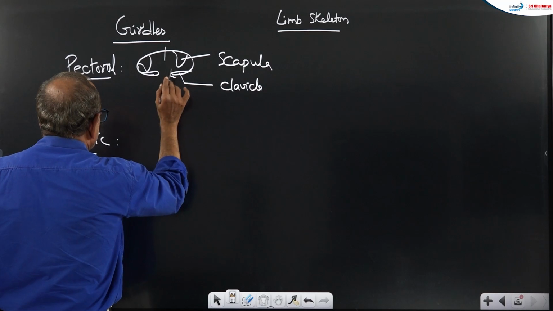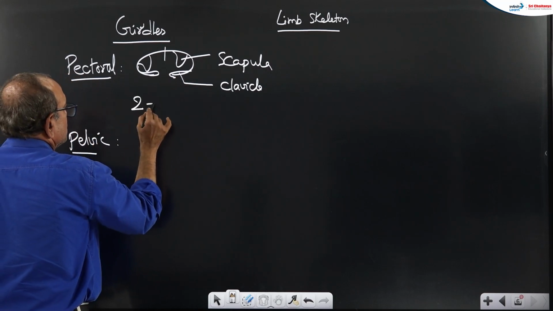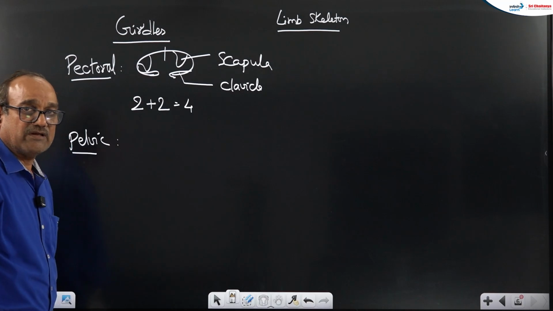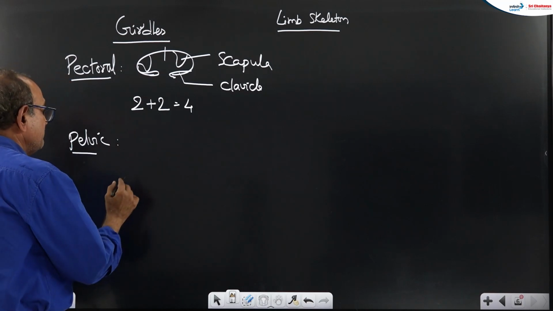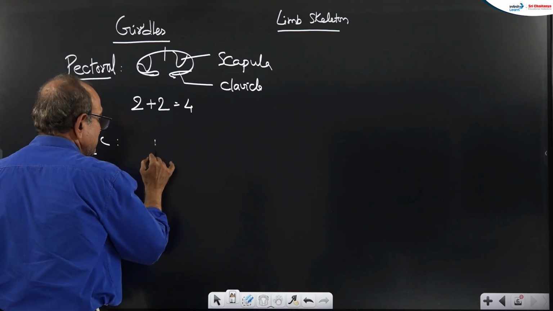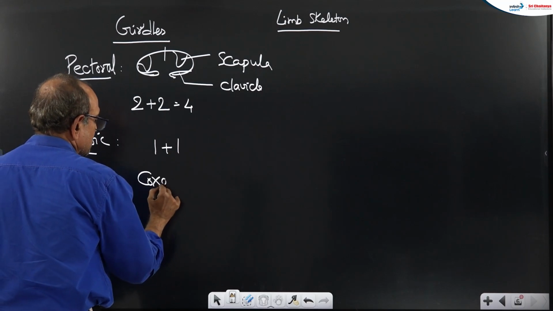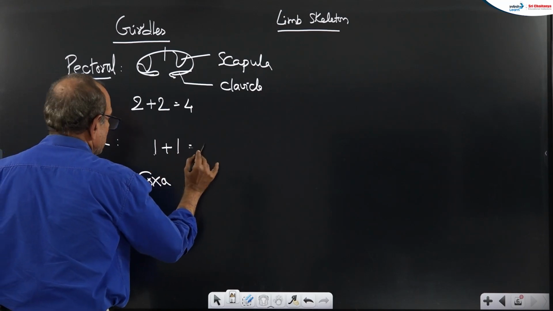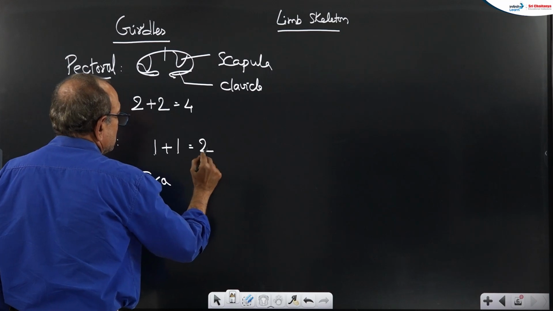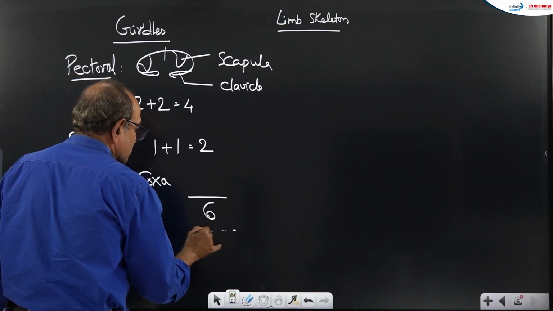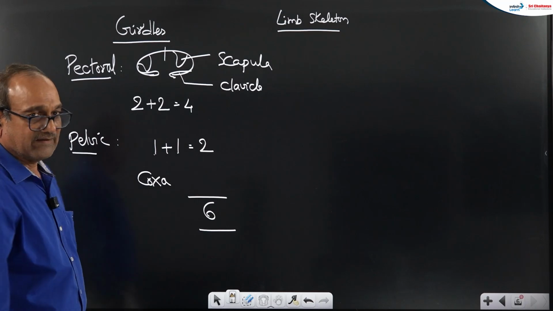So the total number of bones in the pectoral girdle is 2 plus 2, that is 4. Similarly, each half of the pelvic girdle is made of a single piece of bone known as coxa. So these two coxae together form the pelvic girdle. So 4 plus 2, a total of 6 girdle bones are there in our endoskeleton.